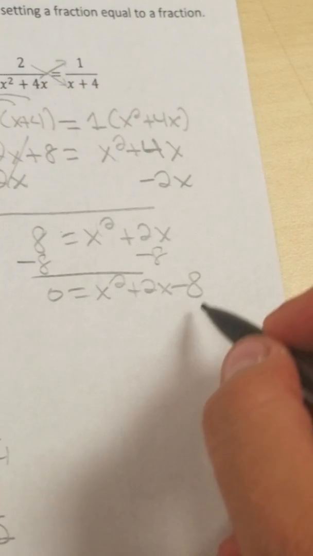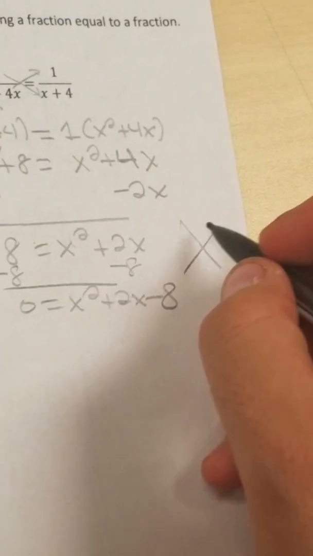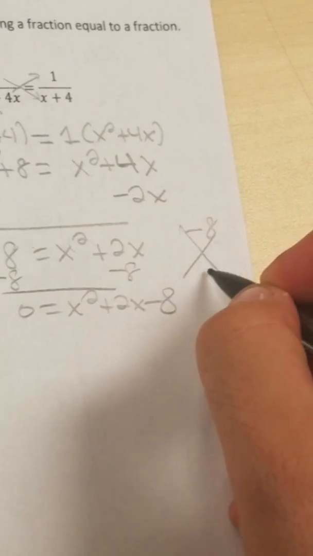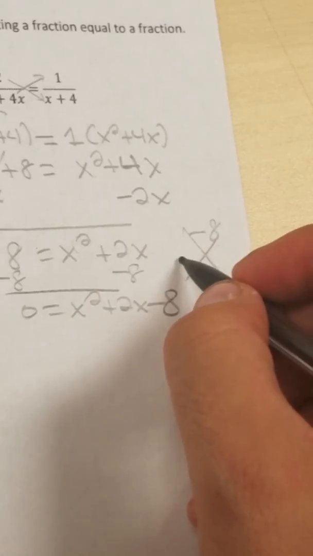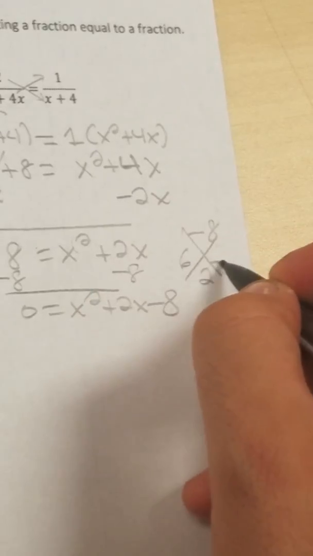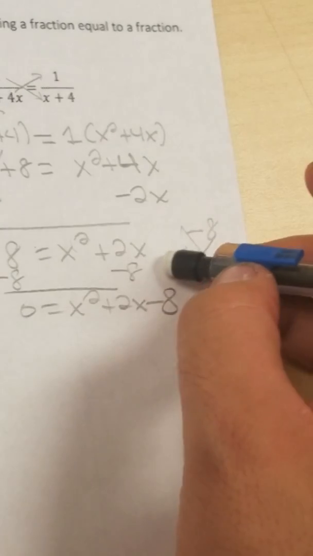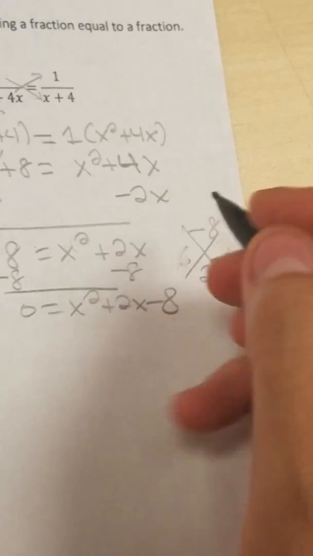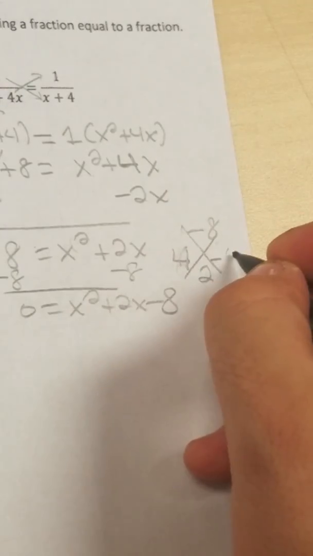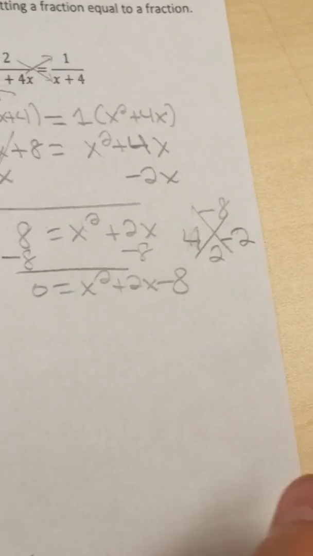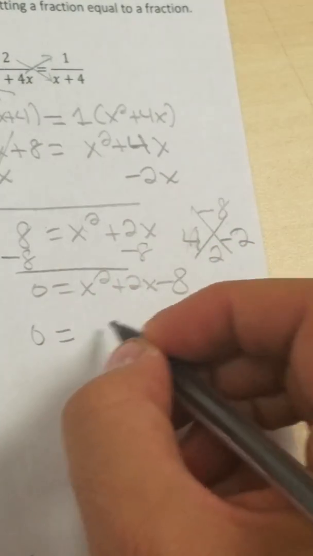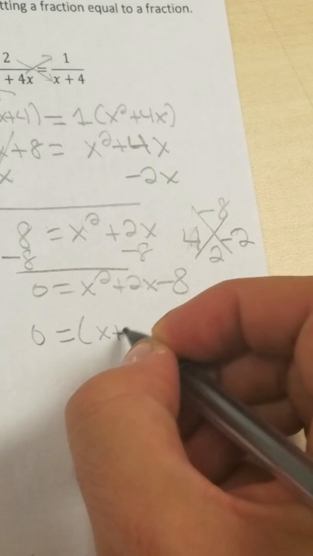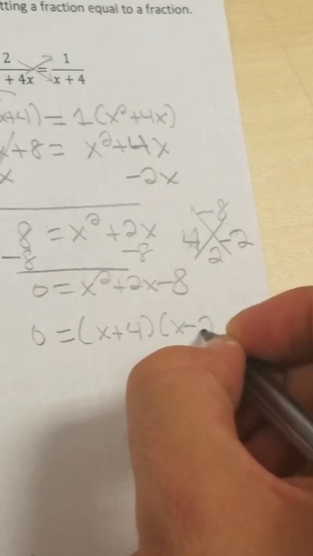So we need to factor this. We have factors of negative 8 that add up to 2, which is 6 and negative, I'm sorry, not 6. 4 and negative 2. So we get 0 equals, now we can factor, x plus 4, x minus 2.